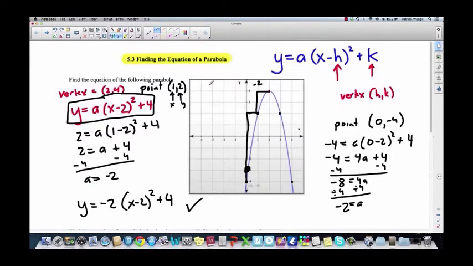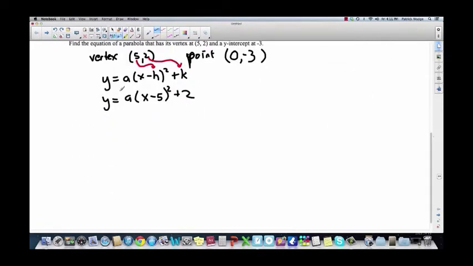Is this practically the same question we just did? Where was this vertex? Oh no, it's quite different. Okay, so that's good. And now we take the point. Once you get good at this, you can do it all in one go. You can plug everything at once, but I like to do it in 2 steps when we get started. So we're going to plug the x value in there, we're going to plug the y value in here, and we'll see where we're at.